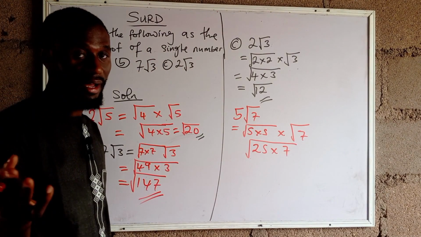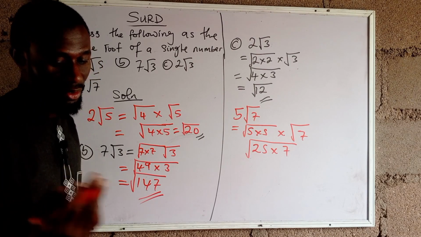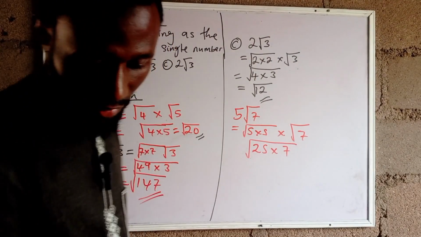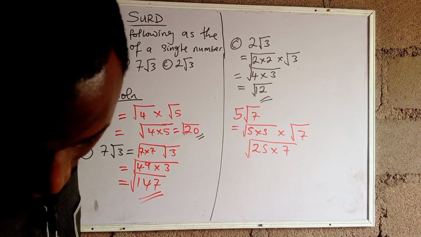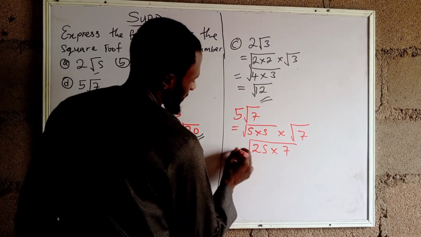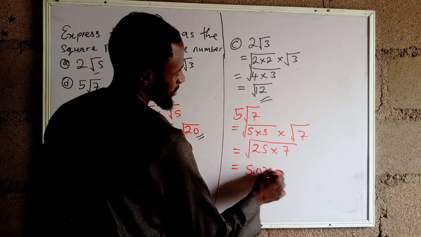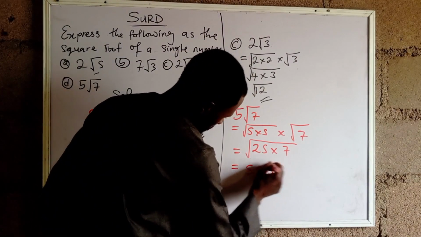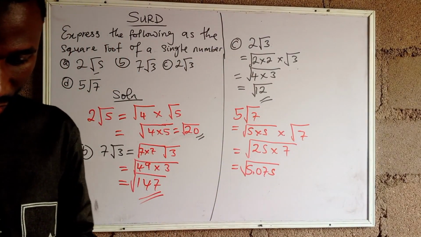Then you keep multiplying the number. If you multiply 25 times 7, you get 175. That is in a short form.